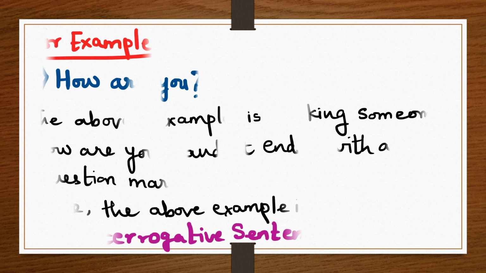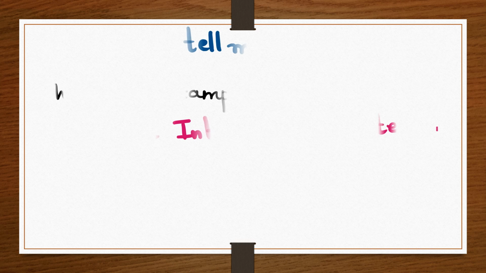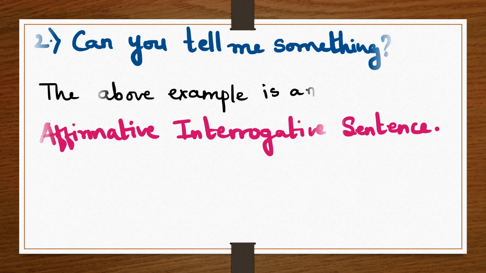Let's take an example. The first example is, how are you? So in this example, someone is asking how they are, and it also ends with a question mark. Hence, this is an example of an interrogative sentence. Another example is, can you tell me something? So, I am asking you to tell me something.